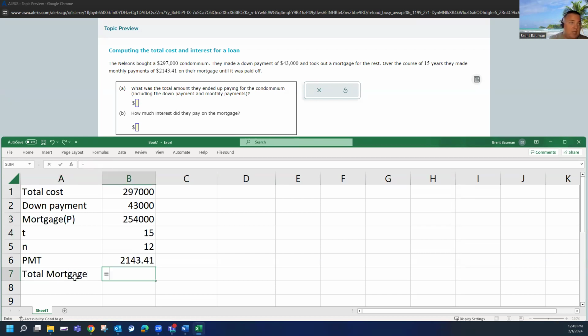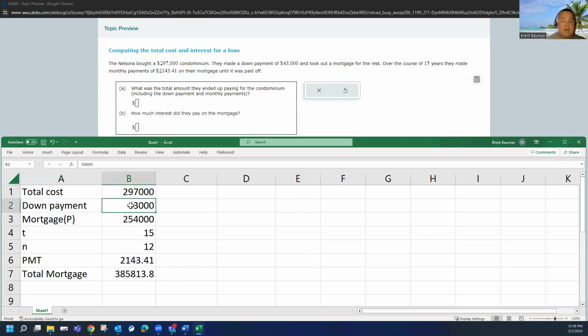So that's going to be equals our monthly payment times N for the months times the years. Okay. So far we're working with $385,813.80. So this is dealing with just the mortgage part of the purchase.